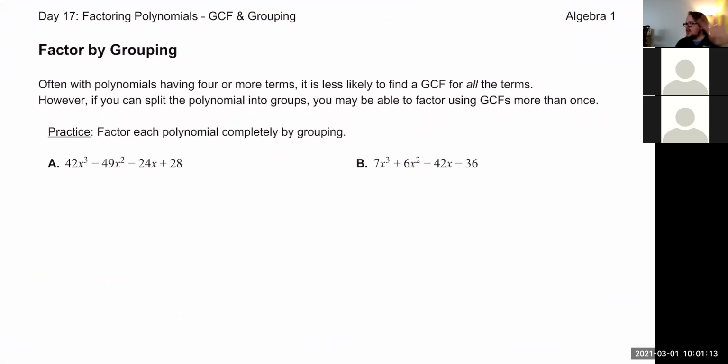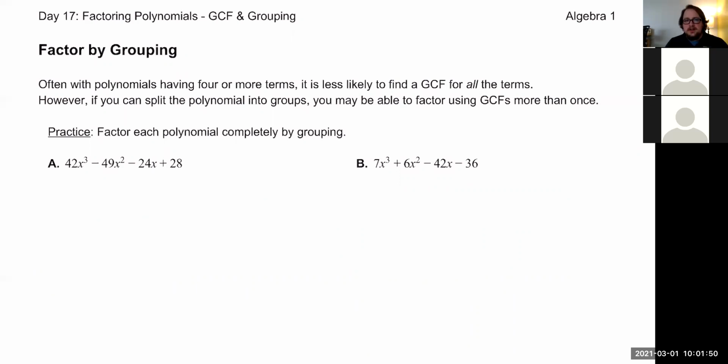As I've kind of alluded to earlier with coming up with ideas for dinner with multiple people, often when you start to get to 4 or more terms with polynomials, it becomes less likely that you're going to find a greatest common factor that satisfies all of them. And probably the most frustrating thing, at least for me personally, is when I have something that divides nicely out of 3 of the terms, but then I get to the 4th term and it doesn't work. And so it doesn't work at all.